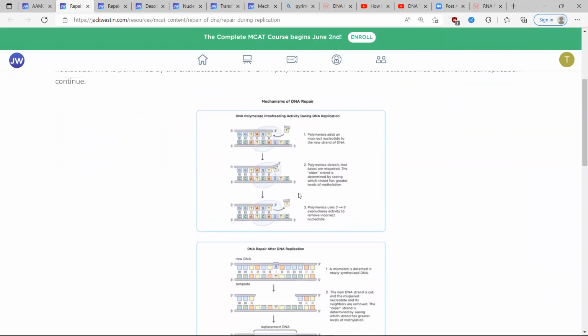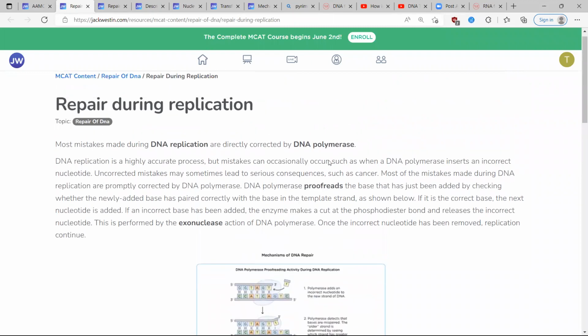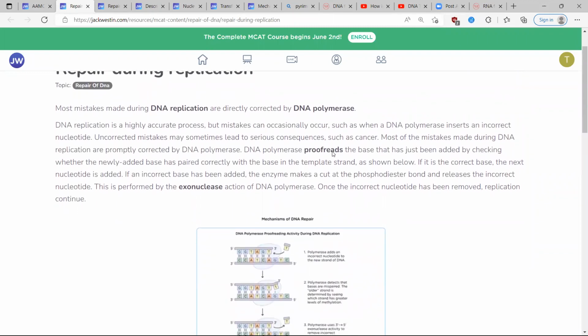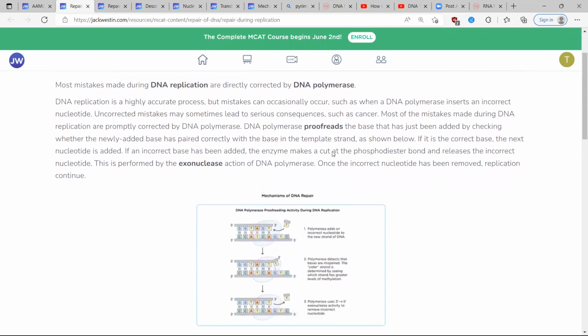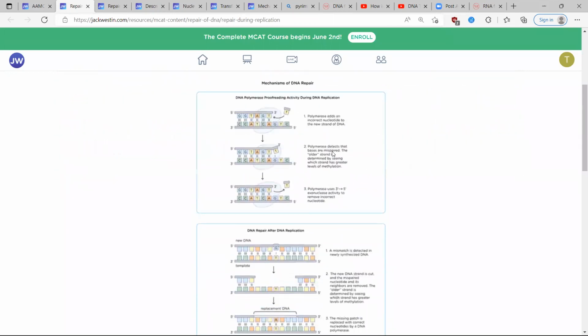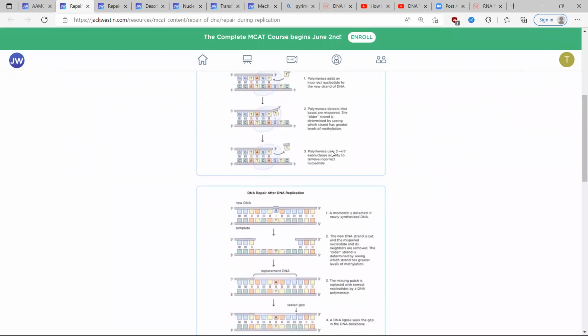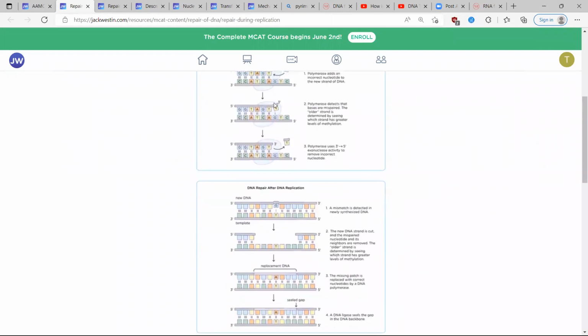If there's a mistake like that, the DNA polymerase can usually figure out that it made a mistake and will just replace it. For example, look right here. We put a T to a G. That's a mistake, and the DNA polymerase will immediately recognize that and cut it off.